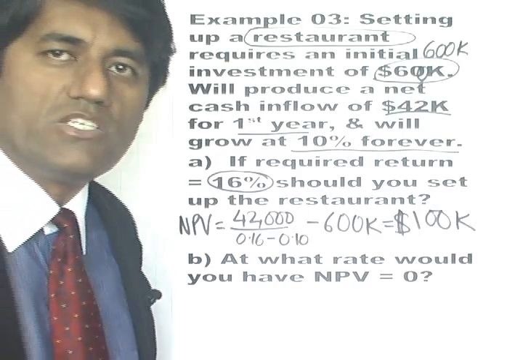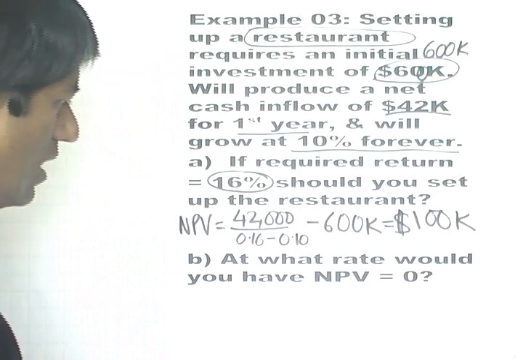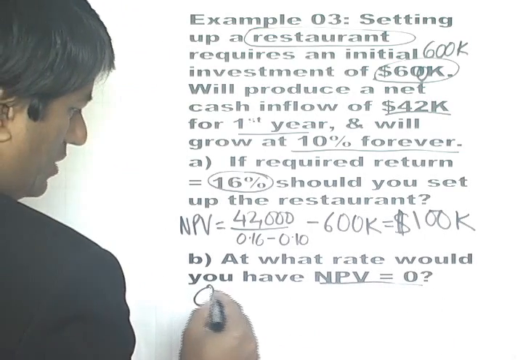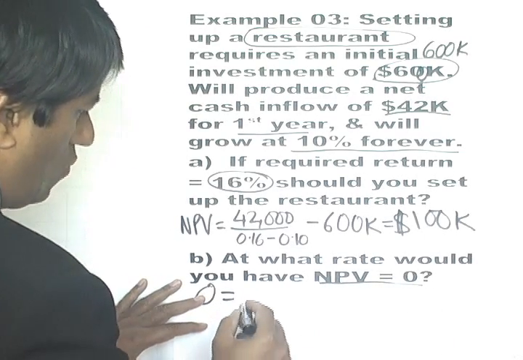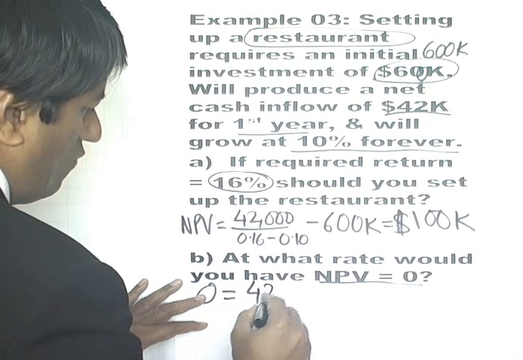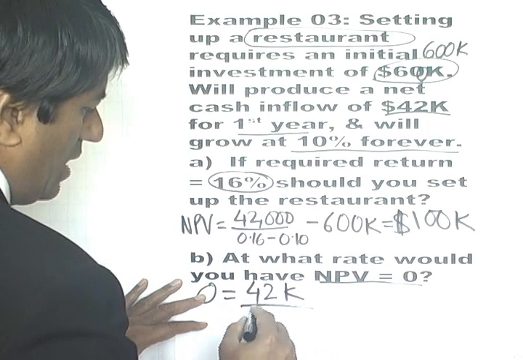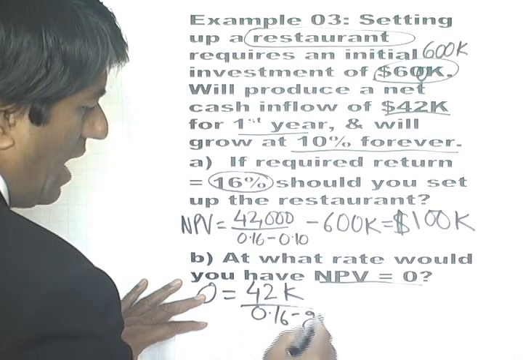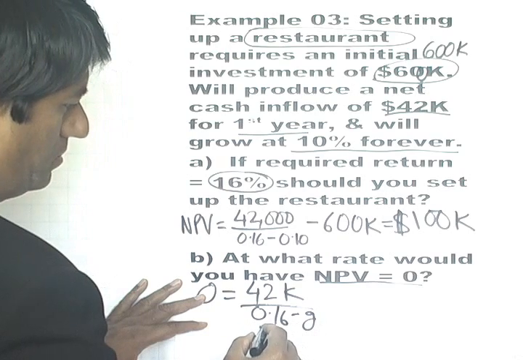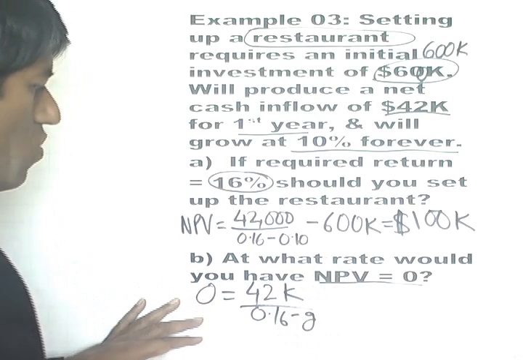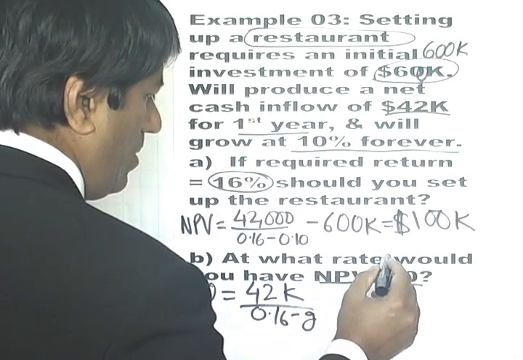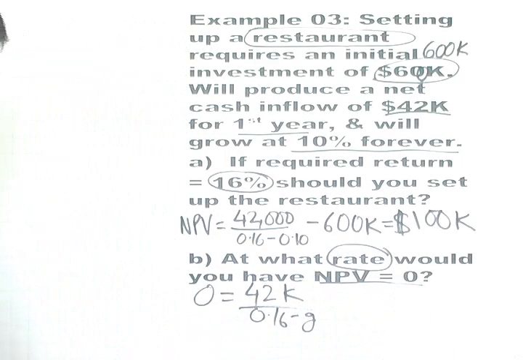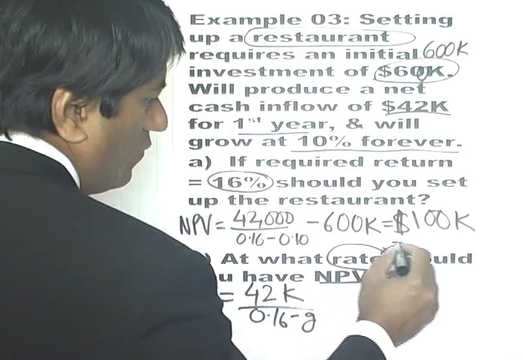The second part of the question asks, what is the rate at which you would have NPV to 0? So you set NPV to 0, and you say that is equal to 42K divided by 0.16 minus G, and this rate that you're looking for is actually the rate of growth.